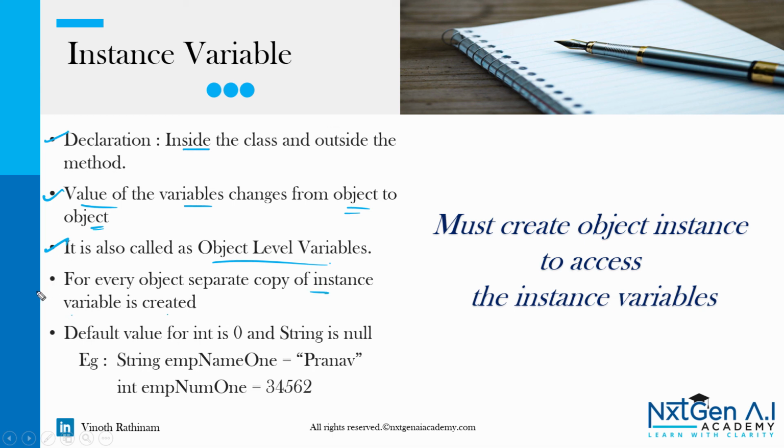And this point is very important. For every object, a separate copy of the instance variable is created. In order to access the instance variable, we must create the object instance. This is the most important point. And the default value for int will be 0, for string it will be null.